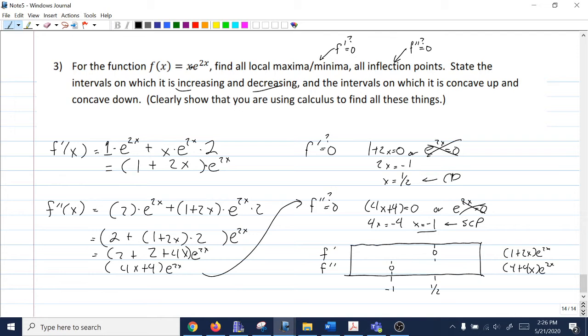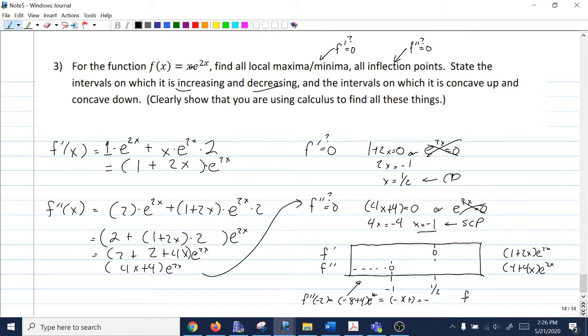What's happening around these points? If I take f double prime of -2, I'm going to get -8 plus 4 times e to the something. That's a negative times a positive. I wrote -1, it's not -1, but it's negative. A negative times a positive is negative, so I'm negative on this interval.